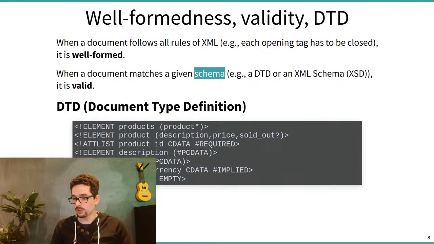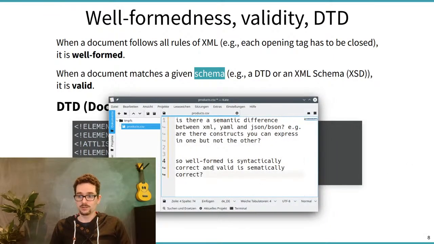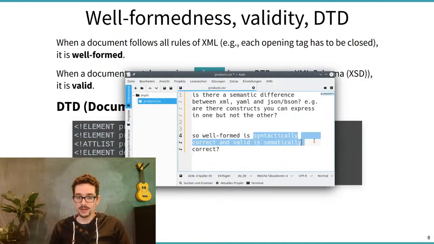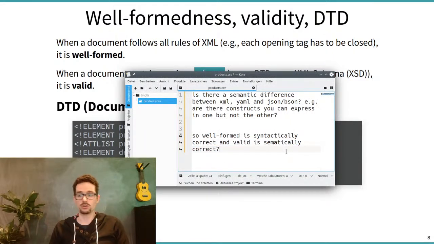One question in the chat. So well-formed is syntactically correct and valid is semantically correct. Exactly, that's exactly the case. So when there are syntax errors, the document is not well-formed.